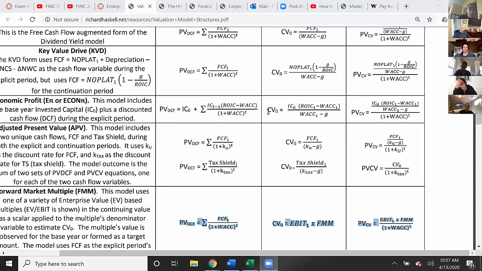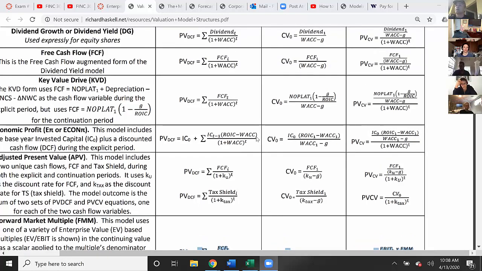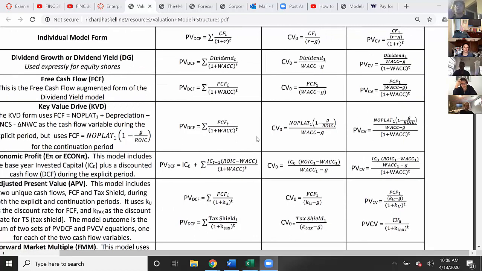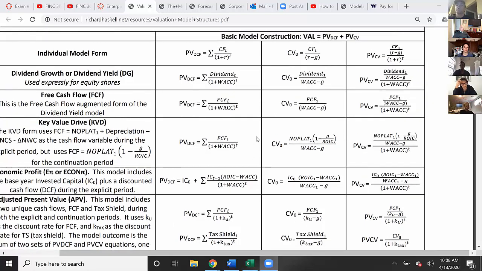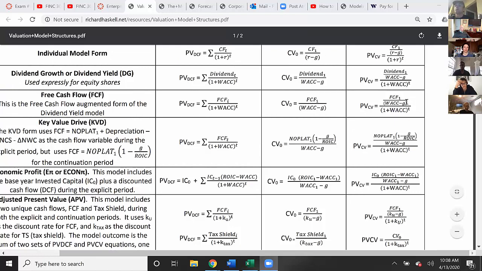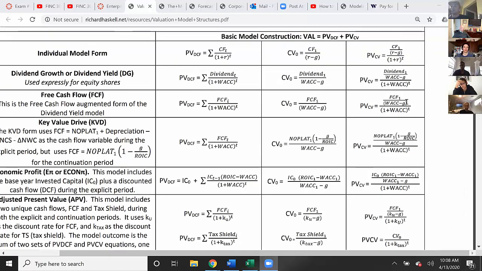And if we're looking at the question of why one is used instead of the other, I think, and you guys can kind of help me on this one, that for free cash flow up over here, we're using WACC minus G or R minus G for the continuing period.